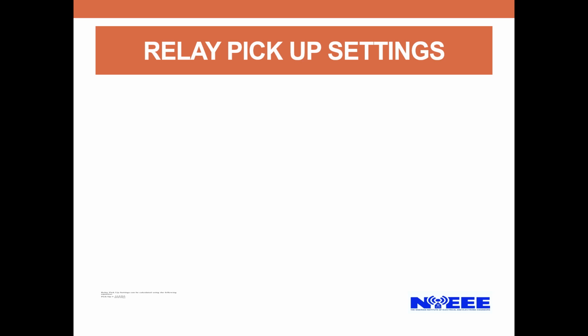However, when it comes to the time dial settings, TDS or TMS, time multiplier settings, there is no actual standard formula. You can't just input this, calculate this, and get it. No, it doesn't exist. That is where it becomes an art instead of a science. So all 10 of us can get the exact pickup settings, and then when it comes to our TDS, it's going to be different. But it will work.